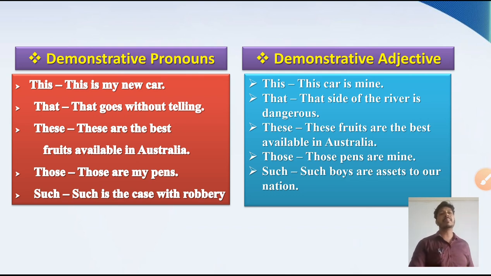"Those pens are mine." Here "those" is treated as a demonstrative adjective. "Such boys are assets to our nation." Assets means wealth. So here "such" is also a demonstrative adjective.